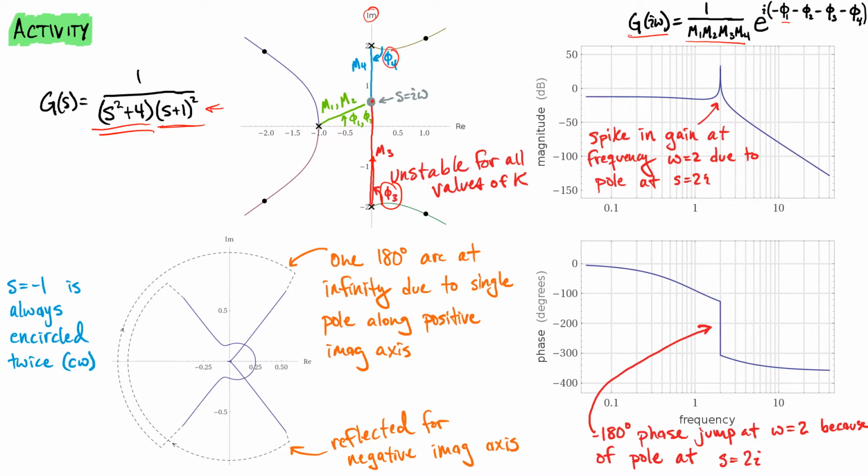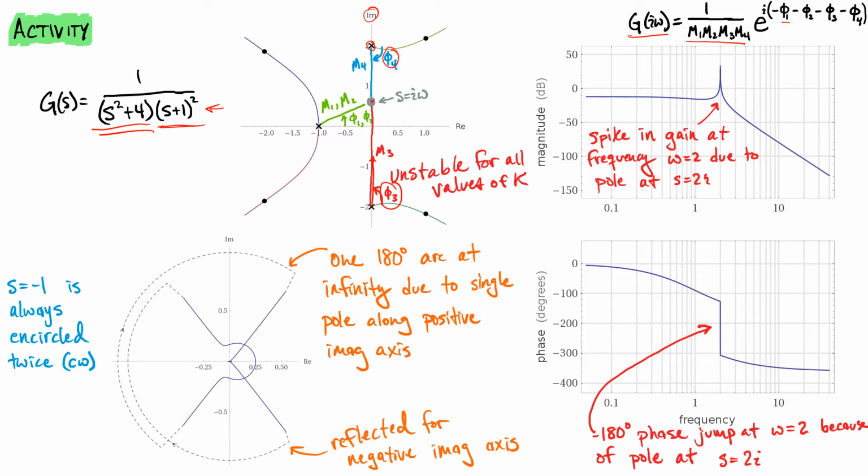Phi 4, initially, when s is down close to the origin, below this pole at 2i, will be minus 90. And then once we cross it, phi 4 will be plus 90. So that relationship is either going to be minus 90 or plus 90.